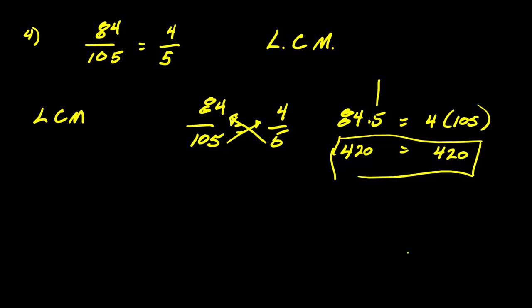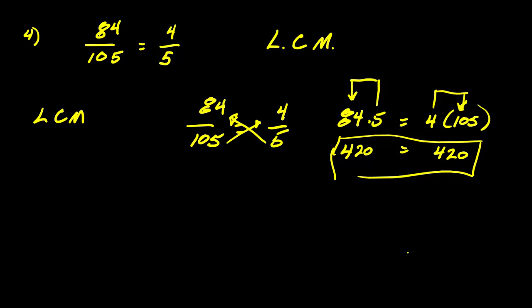Notice that this 5 is associated with that number. This 4 is associated with this number. This is the small number times the large number. This is the large number times the smaller of the numbers.